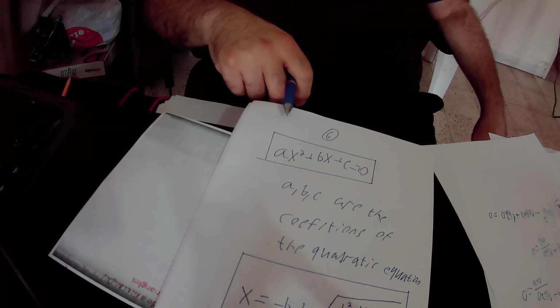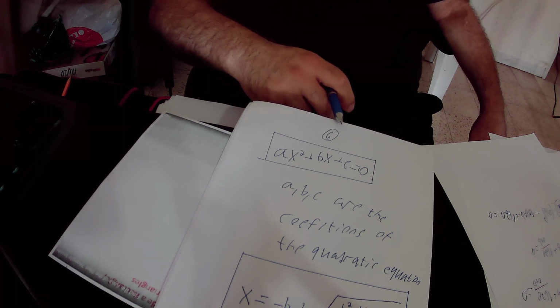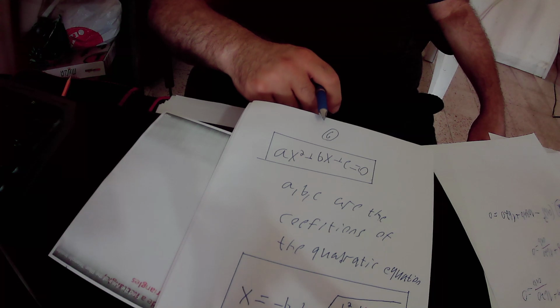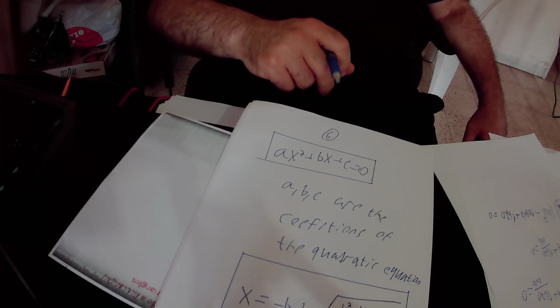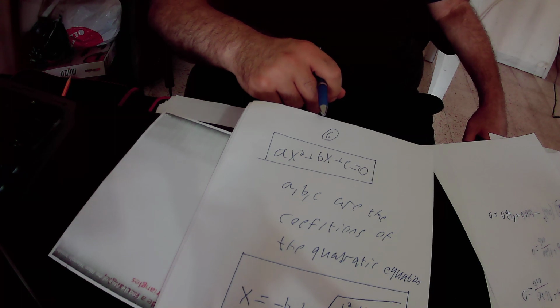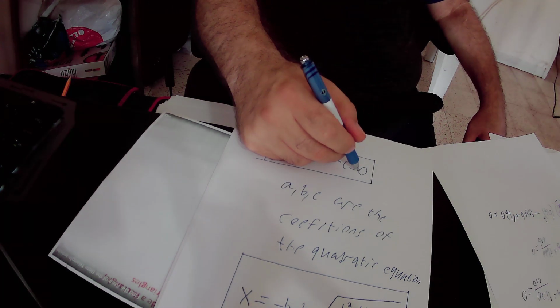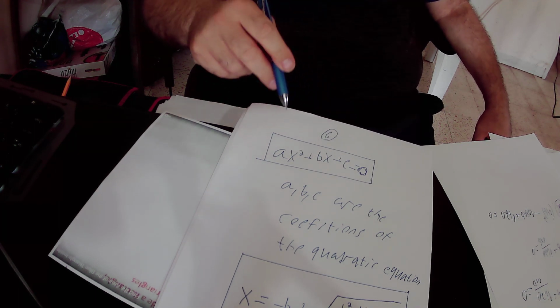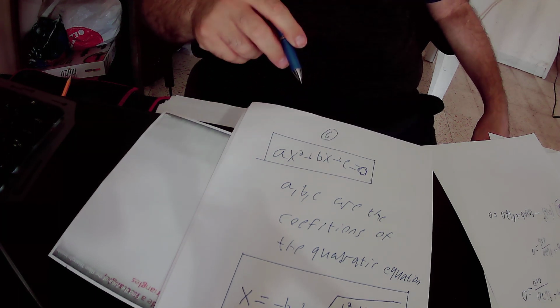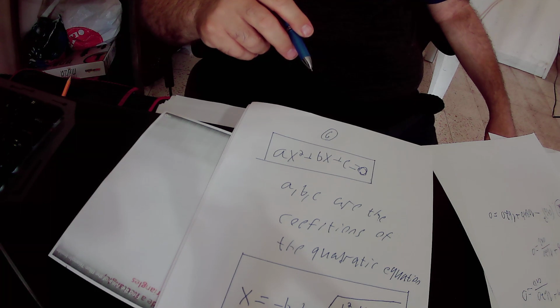Okay, this is the general form of a quadratic equation. A, b, and c are the coefficients of a quadratic equation, and x is the variable of a quadratic equation that we want to find.